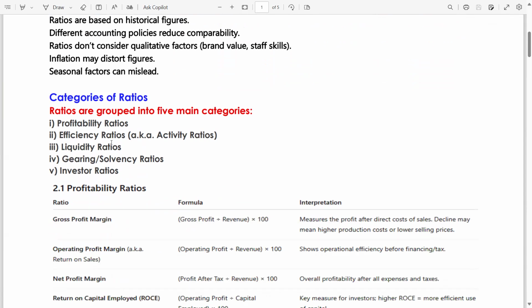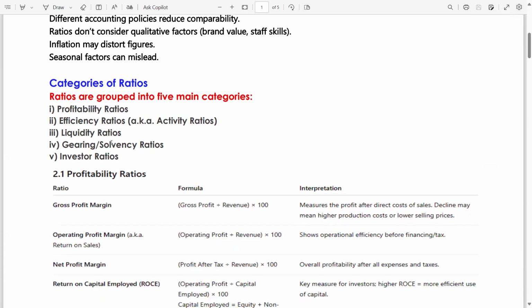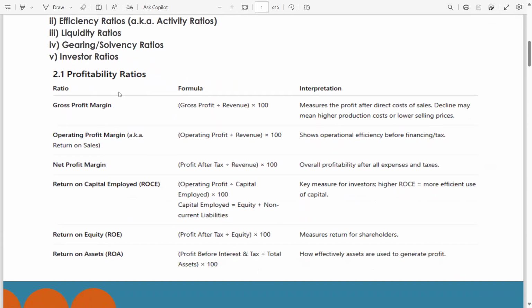Now, categories of ratios. Ratios are grouped into main categories: profitability ratios, efficiency ratios, activity ratios, liquidity ratios, gearing and solvency ratios, and investor ratios. A few are important from your exam perspective, but don't worry, we will cover everything. Now, profitability ratios.